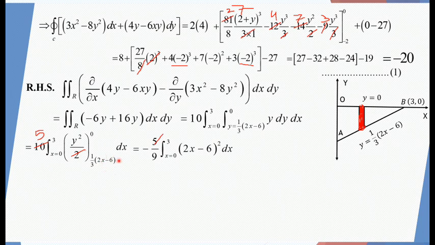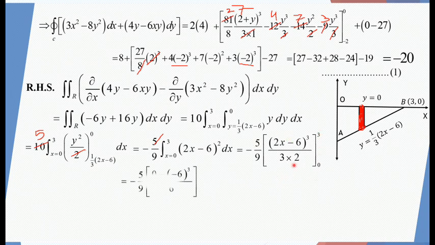Now when we put this particular (2x minus 6) by 3 whole square, then 3 square is 9. So right here, and this is (2x minus 6) whole square dx. Or we can directly integrate it. So the integral of (2x minus 6) whole square is (2x minus 6) whole cube upon 3 into coefficient of x, which is 2, under the limit 0 to 3.